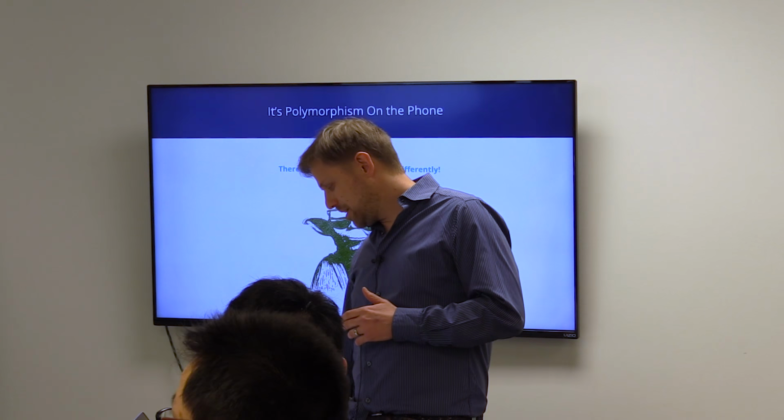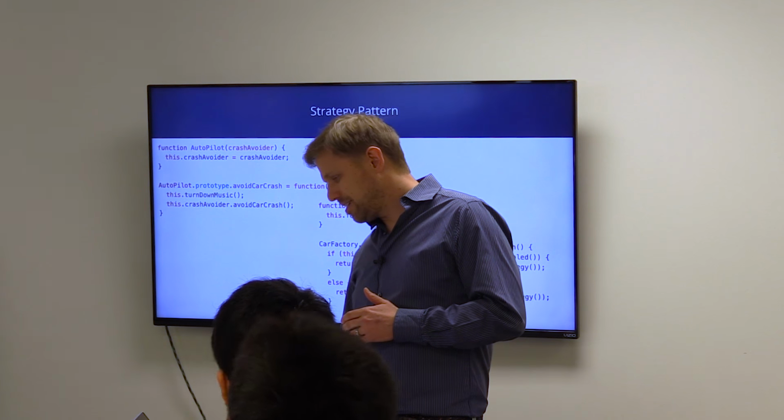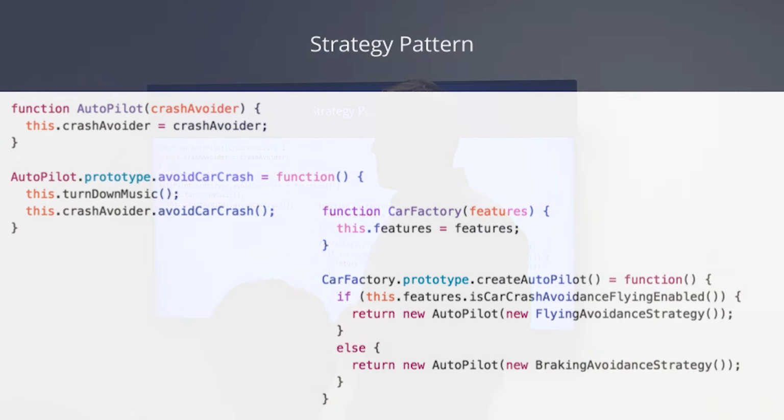If that was all gobbledygook or I spoke too quickly, here's an example in JavaScript to give you an idea of what I mean. Before we were passing in an object called features into Autopilot, and then Autopilot in avoidCarCrash was checking the if.